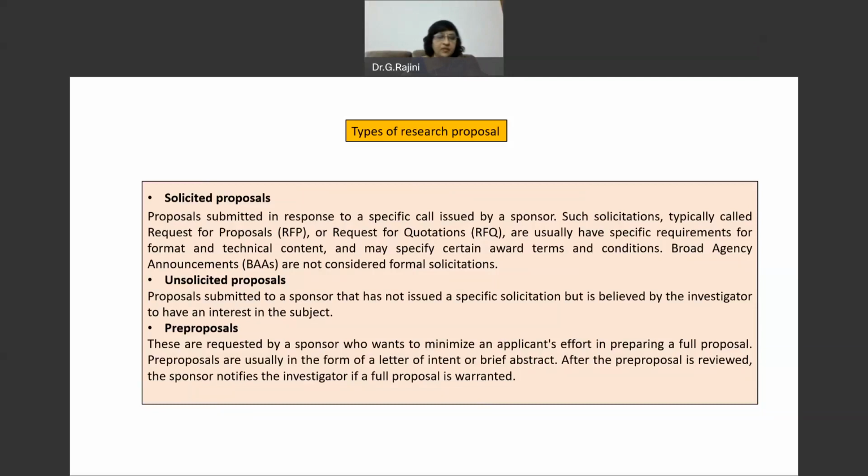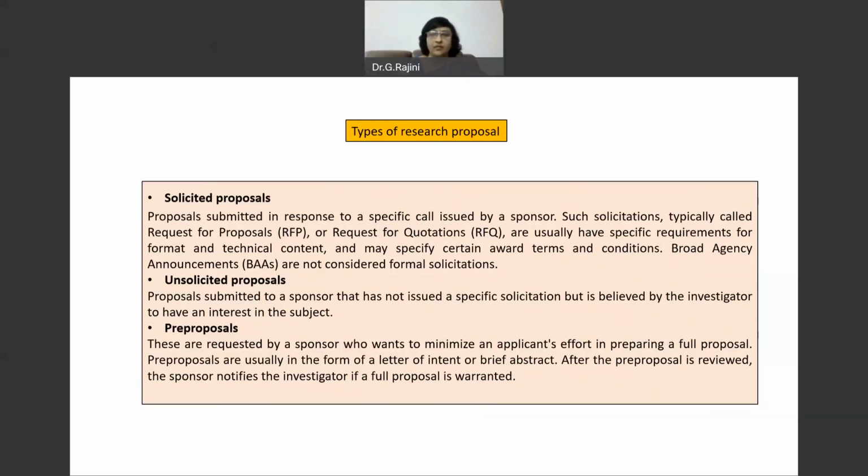Pre-proposals are requested by a sponsor who wants minimum detail, minimum effort before the full proposal. Pre-proposals are normally called abstracts. After the pre-proposal is reviewed, the sponsor notifies whether it is within their domain or boundary, and they may invite the full proposal.